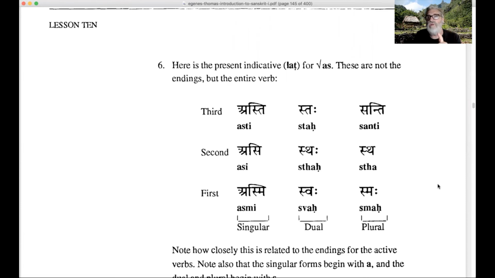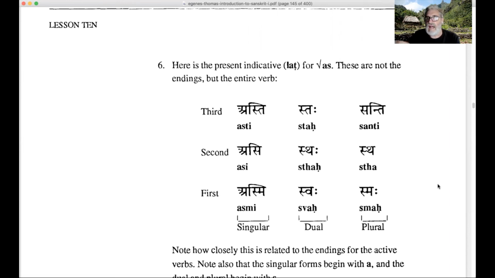So we're going to learn the verb as in the present tense, present indicative tense, which in Sanskrit is called lat. These are not the endings, but the entire verb. Just as we had bhavati, bhavataha, bhavanti, bhavasi, bhavathaha, bhavatha, bhavami, bhavavaha, bhavamaha, we have asti, staha, santi.